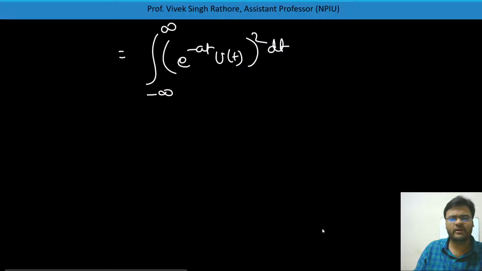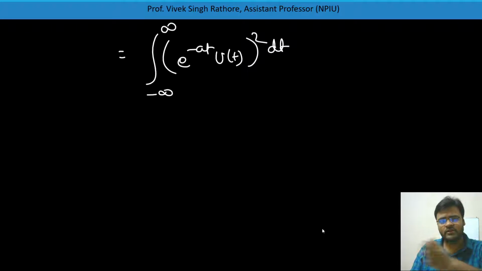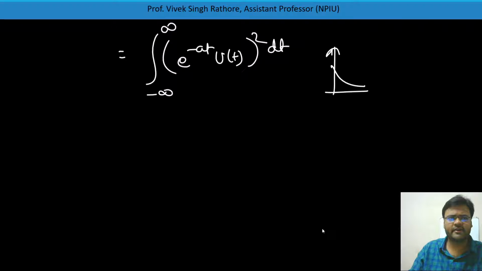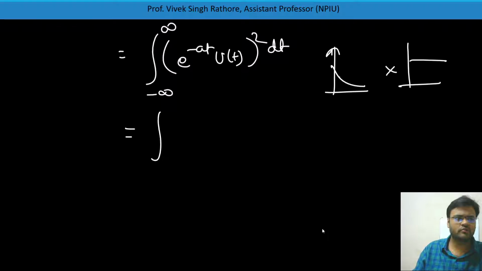Any signal multiplied by u(t) will exist only after t is equal to 0, not before it. So you can also write it as the integral from 0 to infinity of e to the power minus 2at dt.